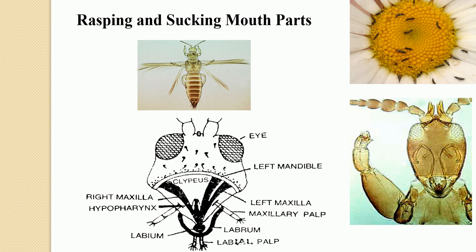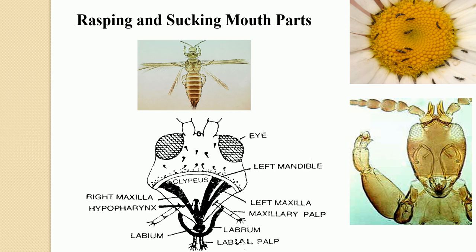The mandible is pulled out of the mouth cone by a clypeolabral muscle so that it punctures the surface of the leaf 4 to 5 times per second, and again it is retracted back by the retractor muscles. The mandibles can penetrate only a short distance because they are smaller than the maxillary stylets, while the maxillary stylets can penetrate deeply by alternating contraction of maxillary protractor and retractor muscles.